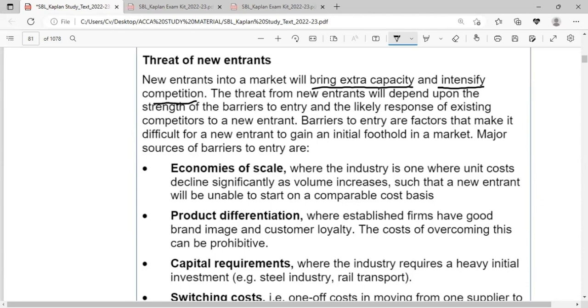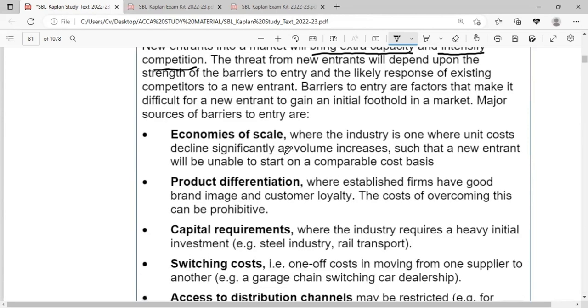In fact, new entrants will reduce the bargaining power of the existing sellers in the market. So existing sellers always want to create what? They always want to create major sources of barriers, or barriers to entry. In fact, they want to create barriers which will discourage the new entrants from entering the market.